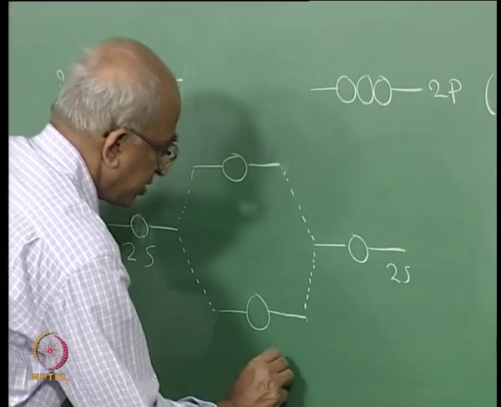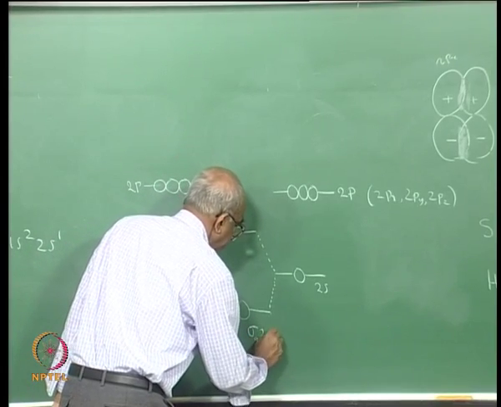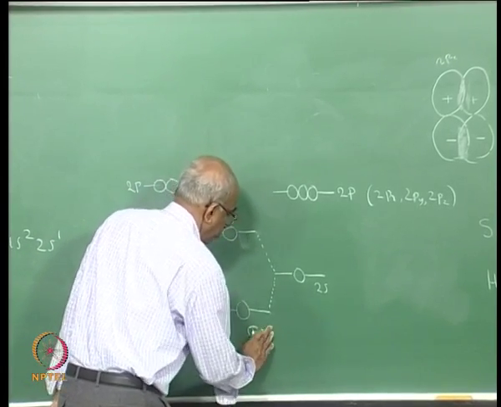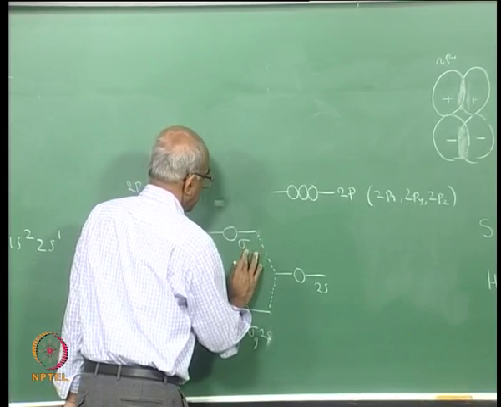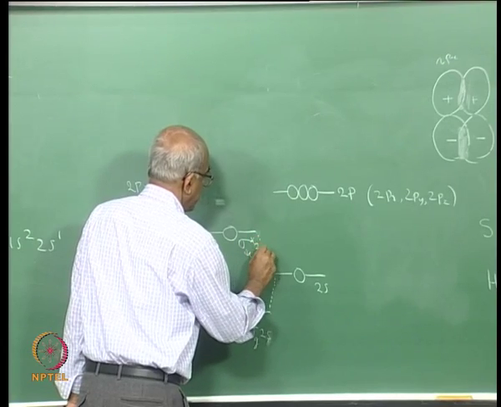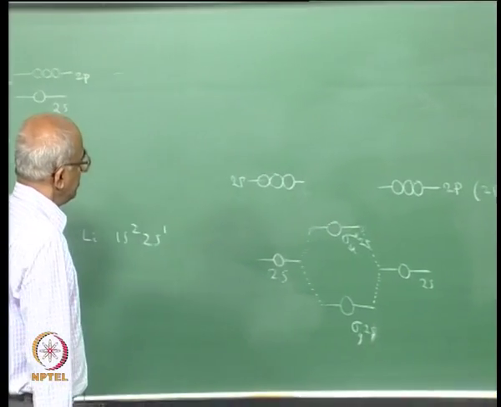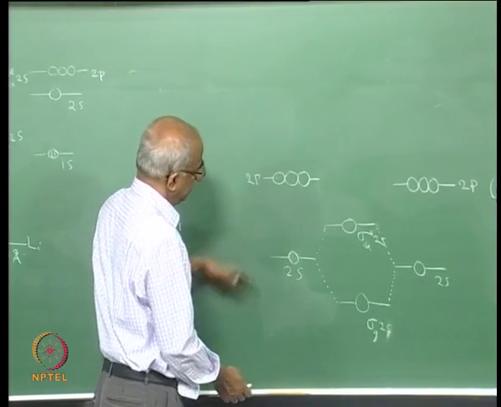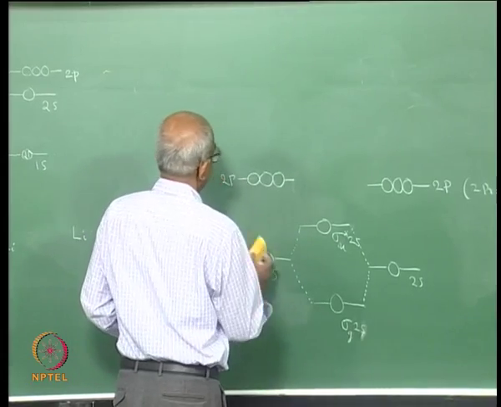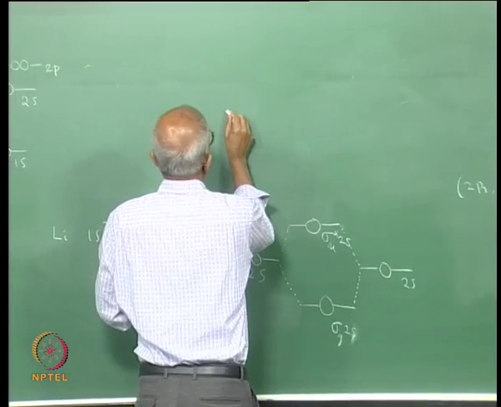And I will call this sigma g 2s, and this is going to be called sigma u star 2s. Right. Imagine that this separation is rather large. Okay, the picture does not show that. So, I will move this up.